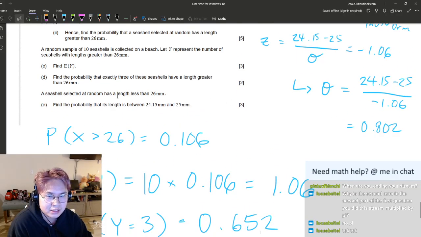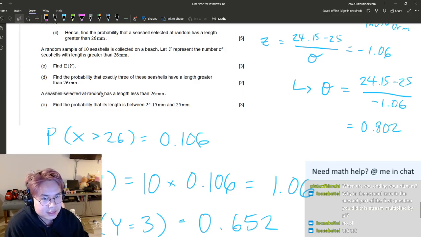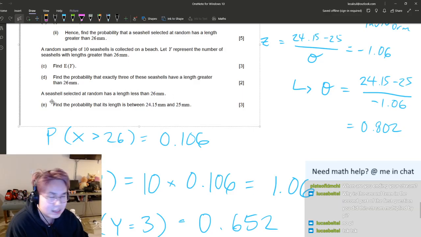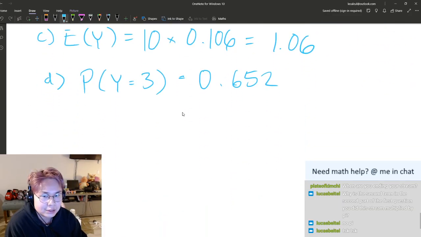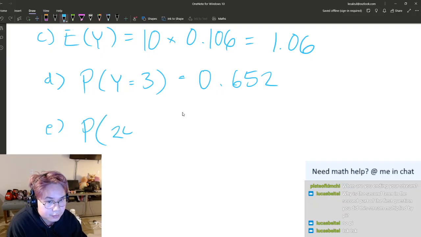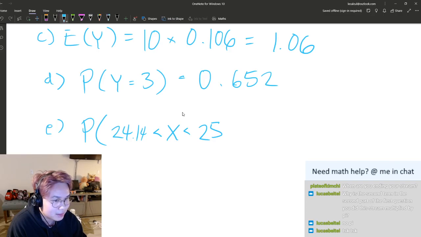And then last one, now we choose a random seashell, which has a length less than 26. Find the probability that it's between these 2 lengths. So this is a conditional because they did tell you something that happened. So we want to find the probability our seashell is in here, provided that we know that it is less than this.